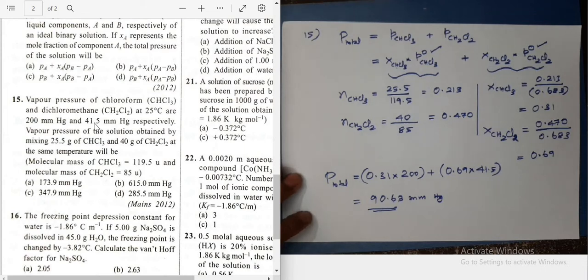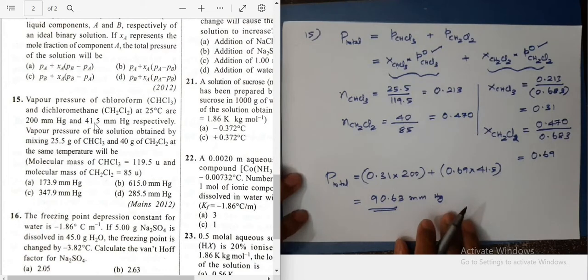I think the answers are not matching. See the options: none of the options have this value. So there may be some problem in the question, I think.